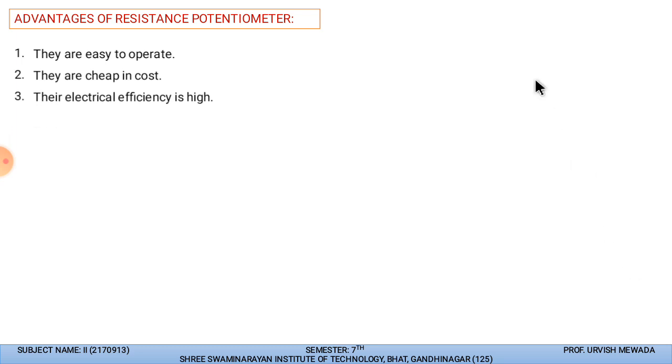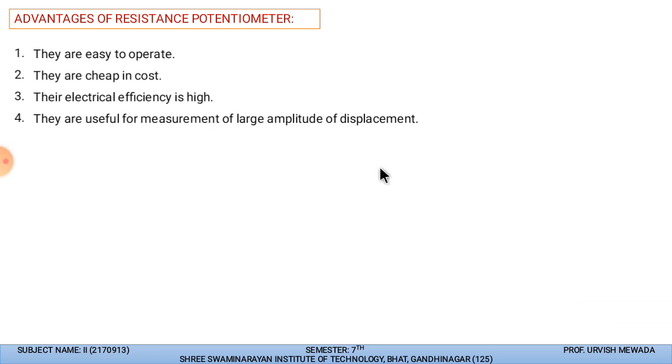It is not so costly, so we can easily access those resistances. Their electrical efficiency is high, and they are useful for measurement of large amplitude or displacement.